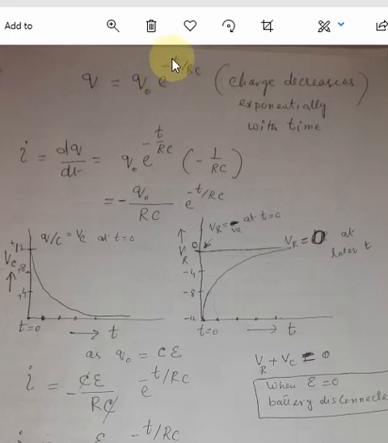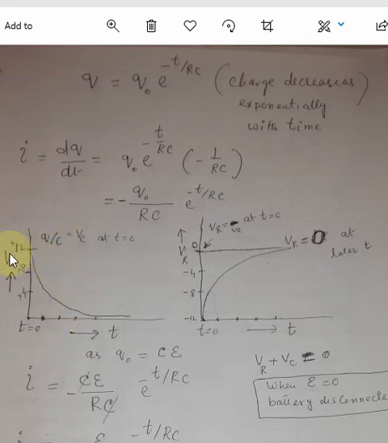By exponential decrease, I mean the charge will not decrease with time linearly, or the graph between Q and t is not linear, but it is exponential.